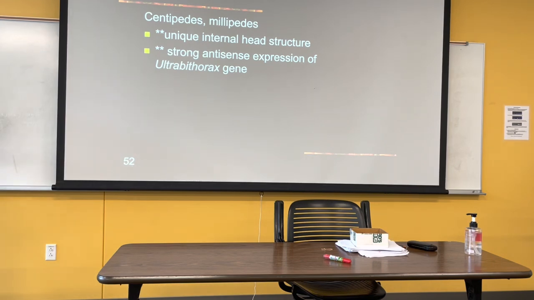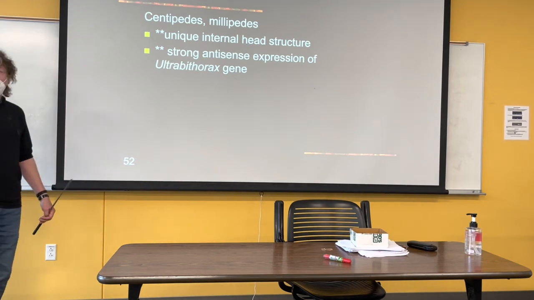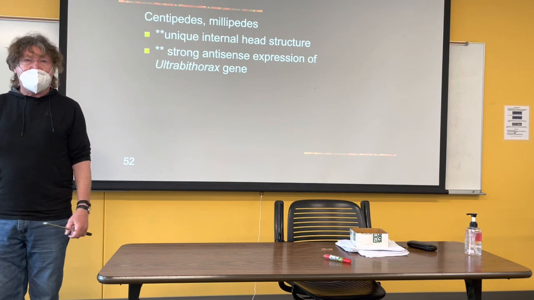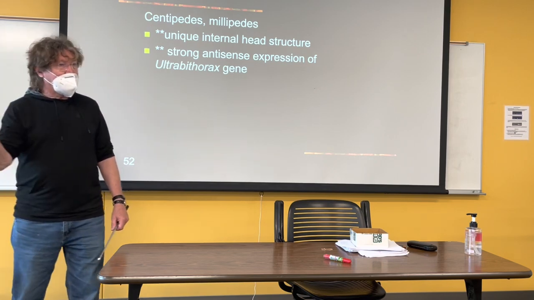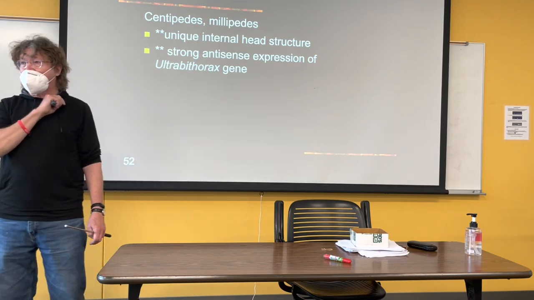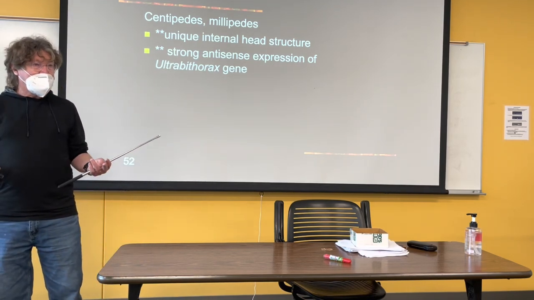So if it's produced in the head, then it's going to be most concentrated in the cells around the head, and there will be a gradient going toward the posterior end. The further away you get from where that gene is being expressed, the less concentrated it is.